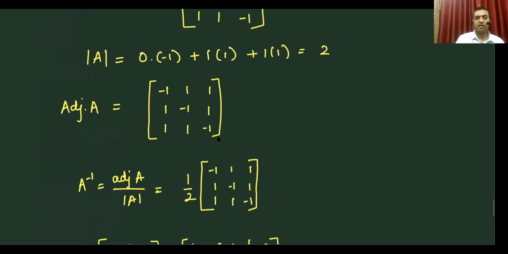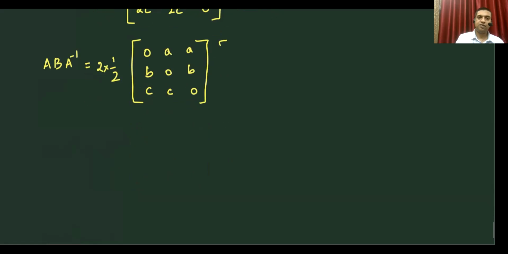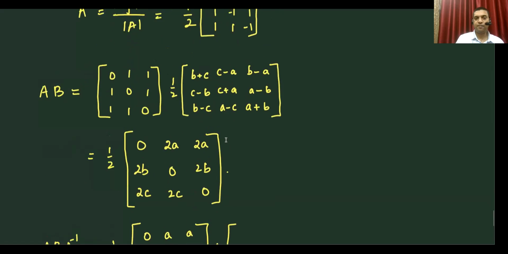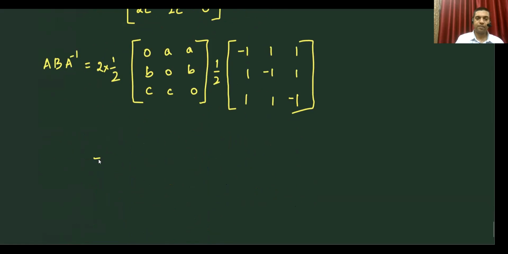And A inverse is half of -1, -1, -1, 1, 1, 1, 1, 1, 1. So this is half of.